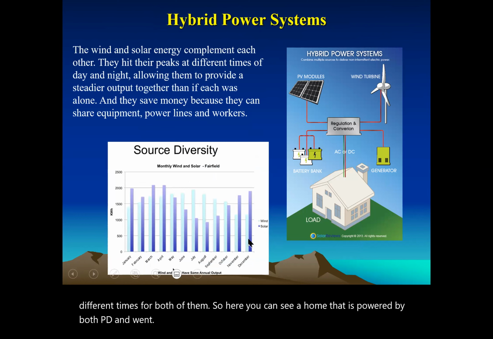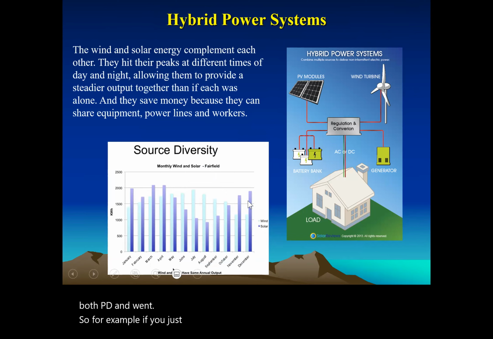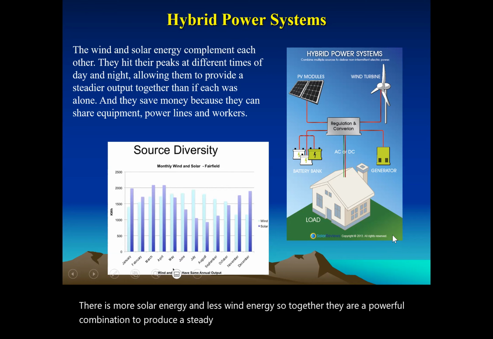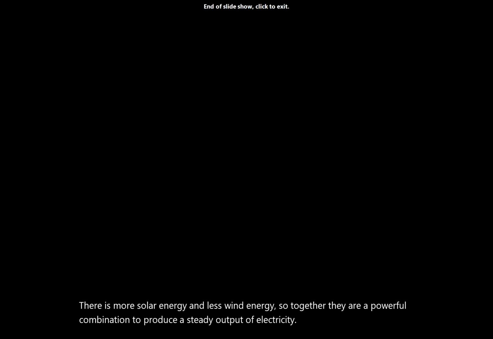For example, if you just take December, when the sun is not harsh, the solar energy is reduced, but the wind energy is increased. Whereas in the hot months, there is more solar energy and less wind energy. So together, they are a powerful combination to produce a steady output of electricity. And I hope that was helpful.